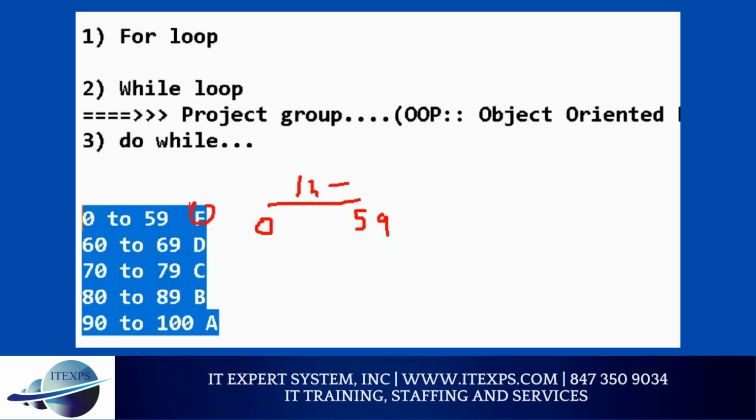Even 59, I'll get only one answer. But if I do 60 to 69, any 63, 64, I'll get this answer. So this is the multiple if statement. Now, these are also mutual exclusive. If you are 52, means you can go here only. Yes or no? And if you are, let's say 89, in that case, you will only go this side. Do you guys agree?